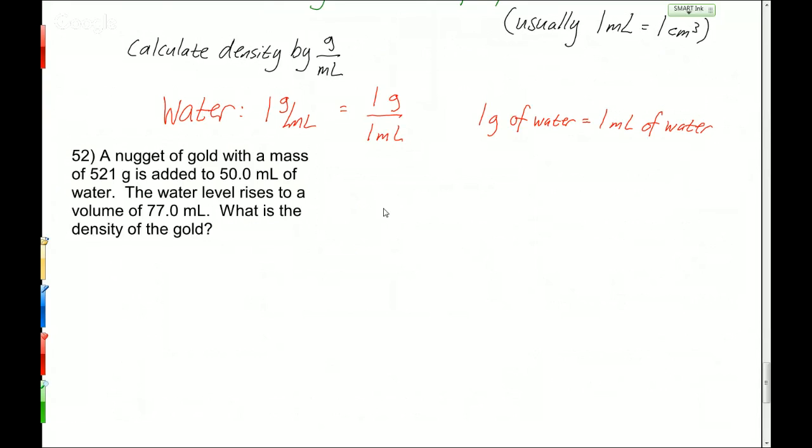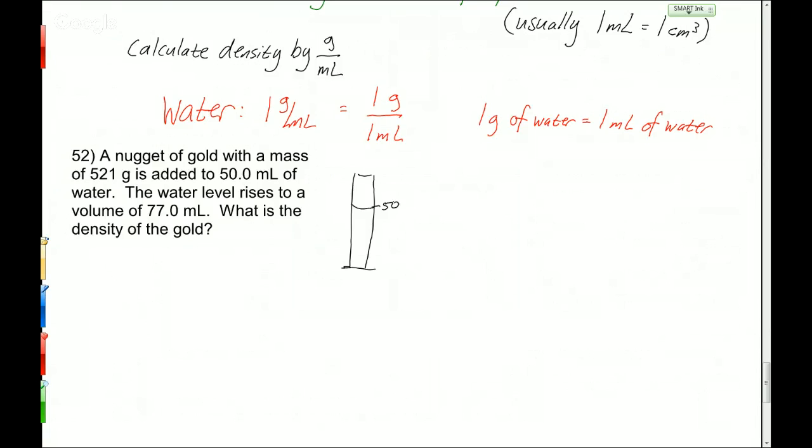All right, so we've got a mass, 521 grams. How do we get a volume so that we can divide the mass by the volume and get the density? Subtract 77 and 50 because that's the volume that the actual gold is taking. Right, so if we imagine our graduated cylinder here, okay, there's our water at 50.